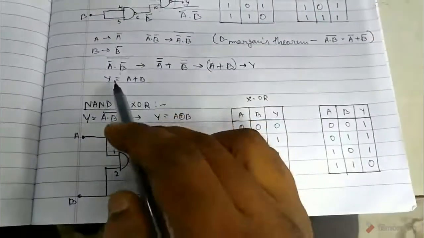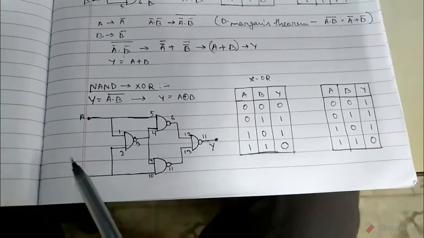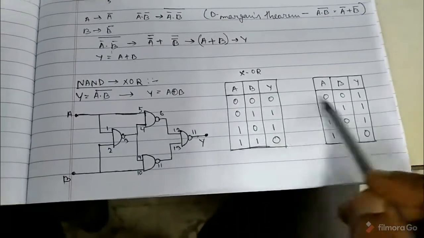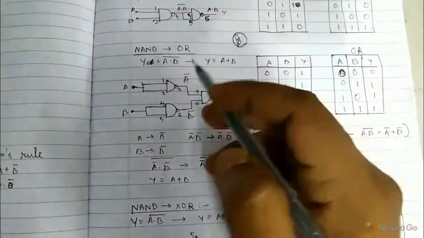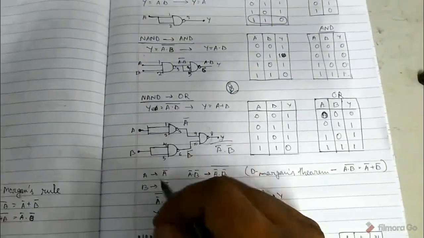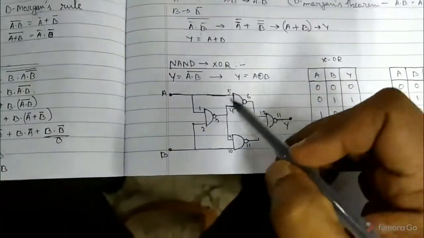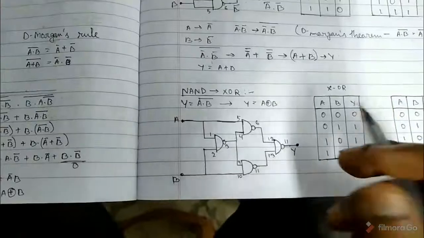Now NAND to XOR, this is the construction and these are the truth tables. One more thing, it is very important to note all these pin numbers when you are constructing the circuit practically, because without pin numbers I cannot construct the circuit.